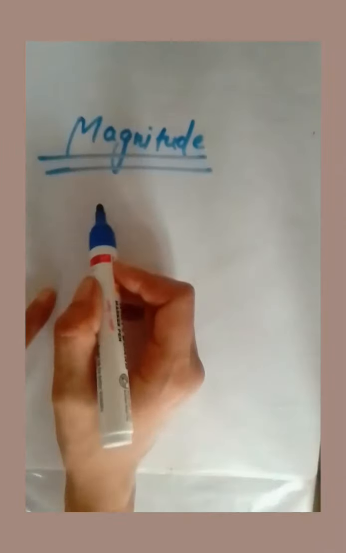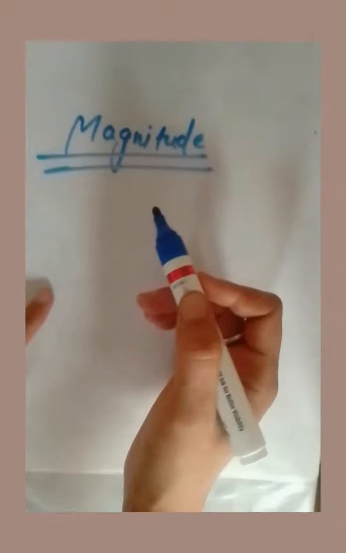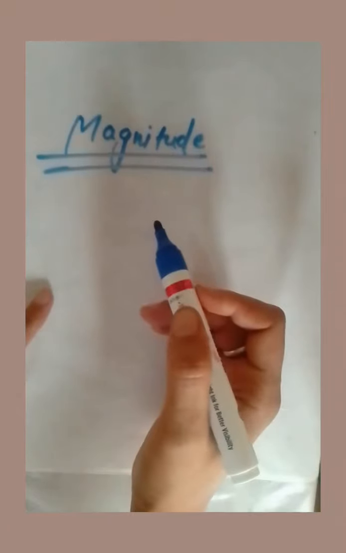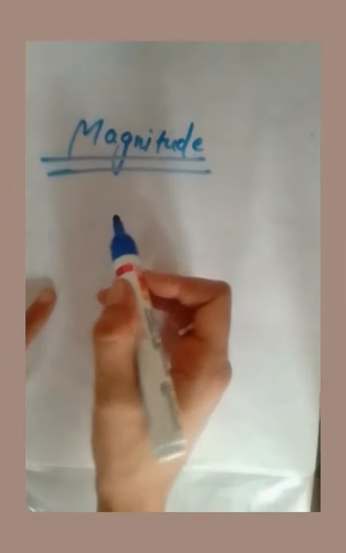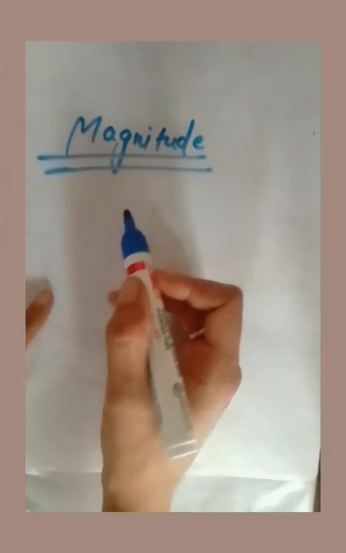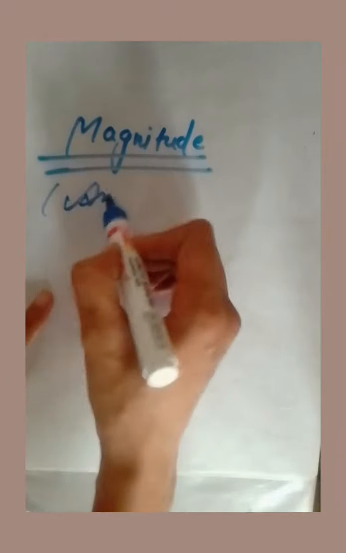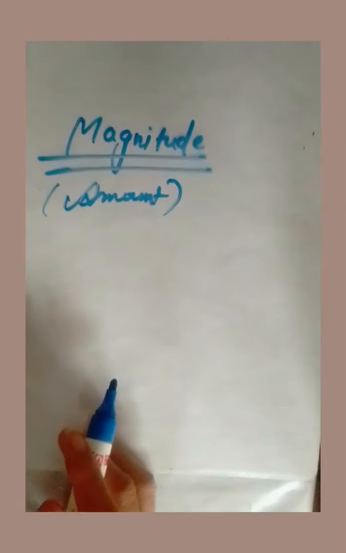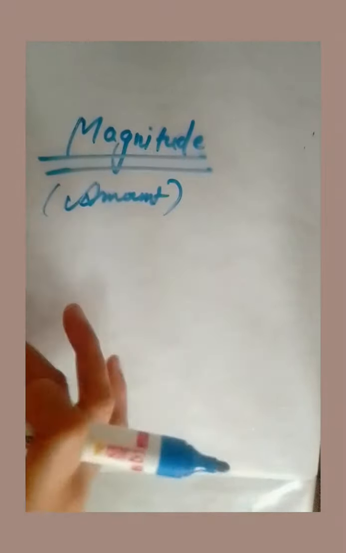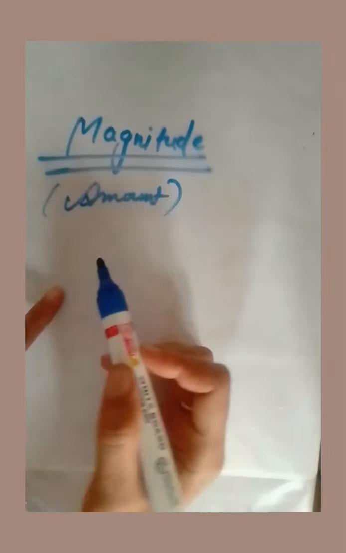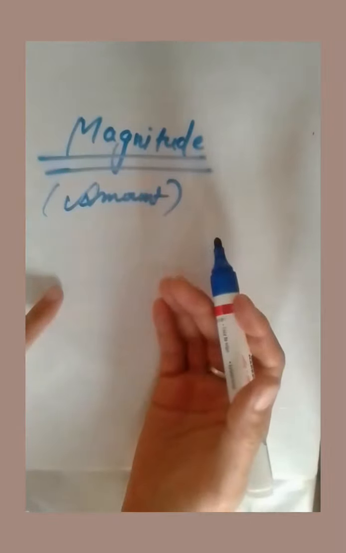The amount of force we apply on an object determines the effect. Greater the force applied, greater will be the change in the speed of the object. Magnitude, in other words, is the amount of force applied, right? Commonly, if we kick a football, the harder we kick it, the faster it will move, right?